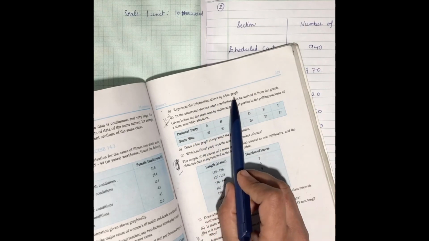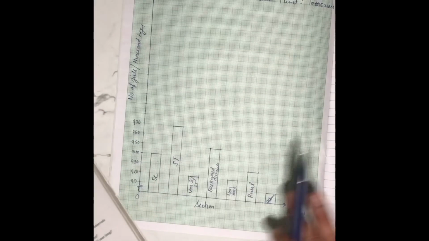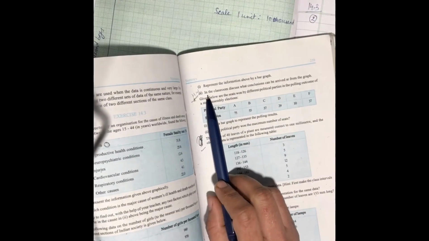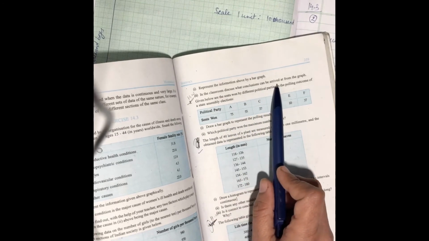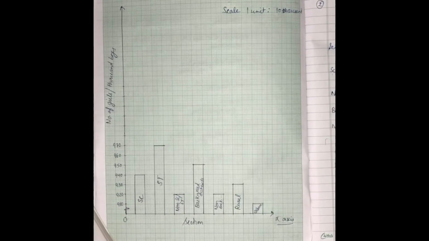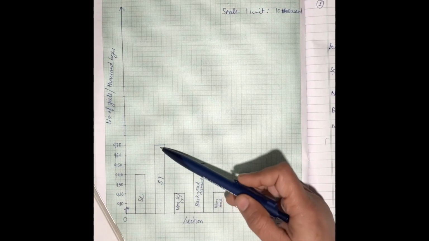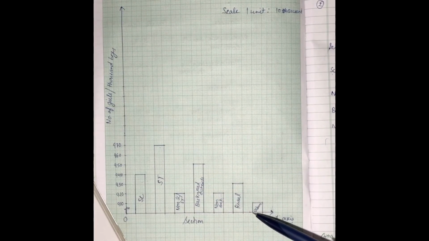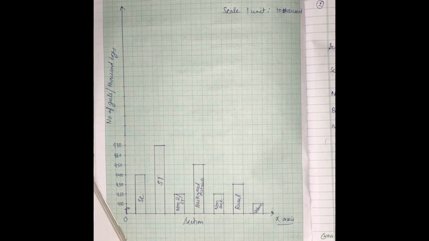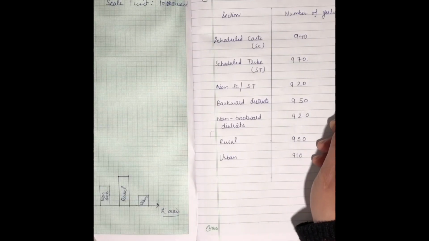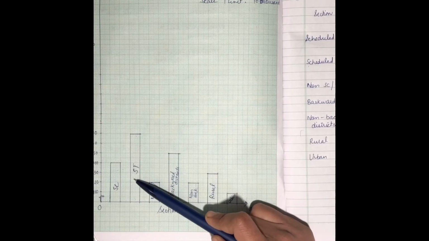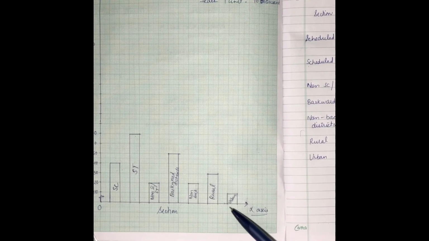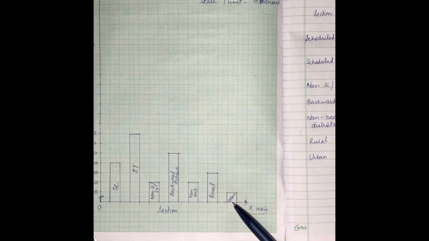In the first part they were asking to represent the information by a bar graph, so these bars we have already drawn. In the second part, they are asking to discuss in the classroom what conclusion can be arrived at from the graph. ST is maximum and urban is minimum. So for the number of girls per 1000 boys, we can say the maximum is in the ST section and the minimum is in the urban section.